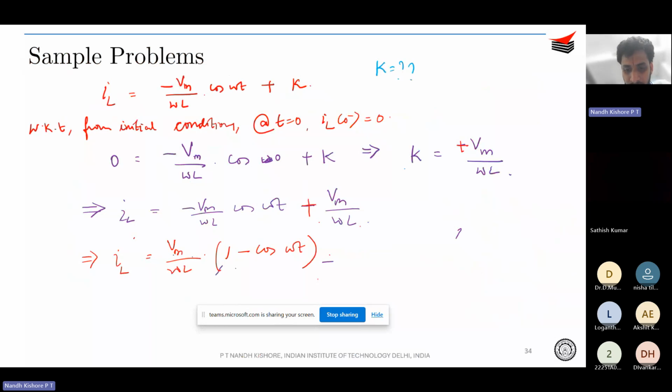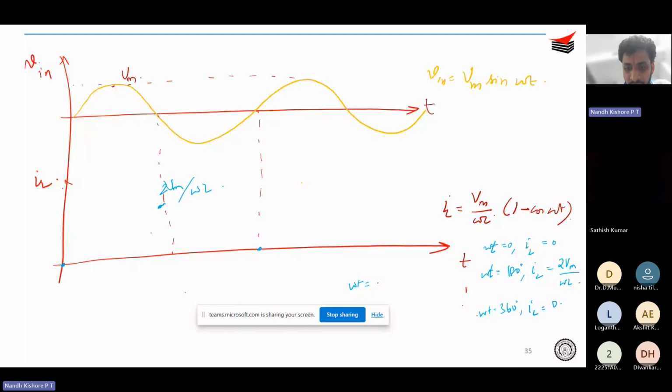So you can of course plot what it would look like in the middle. Let's say omega t is equal to 90 degrees. Cos 90 is 0, so your IL will be equal to Vm by omega L. Similarly, at omega t equal to 270, cos 270 is again 0, so IL will again be Vm by omega L. So at omega t equal to 90 and 270, you have Vm by omega L. Now you can join the dots and this is how your inductor current will look like.